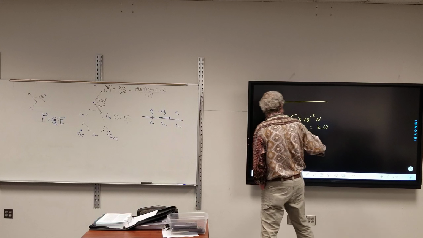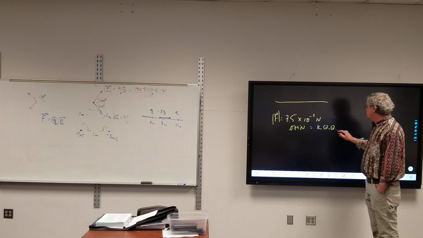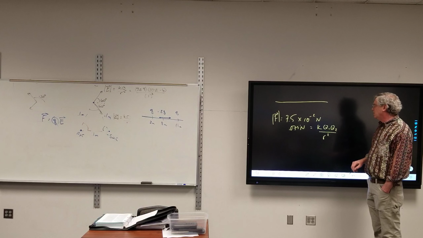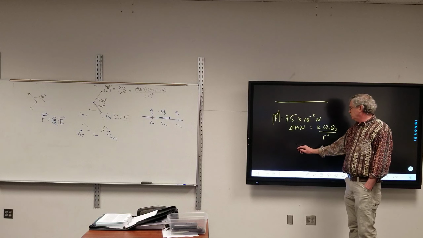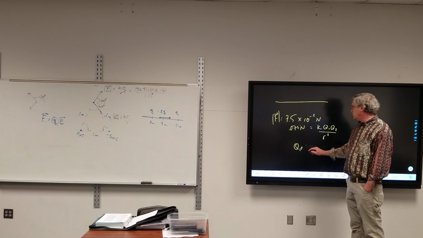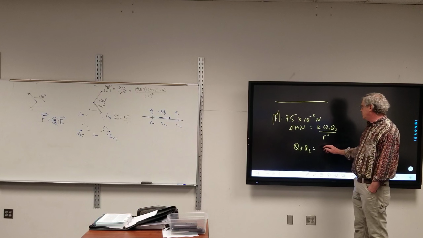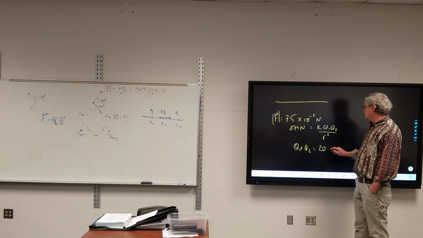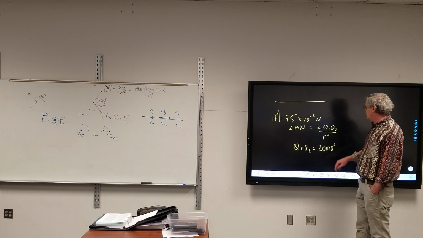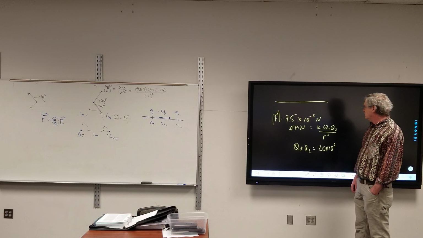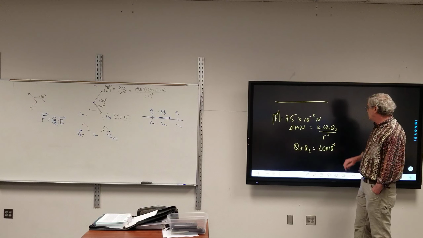Oh, no, we're trying to figure that out. I know that the total Q1 plus Q2 is equal to 20 times 10 to the negative 6. Yes, negative 6, thank you.